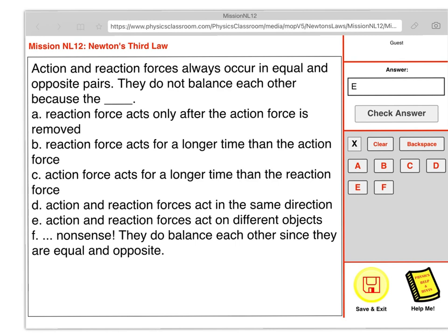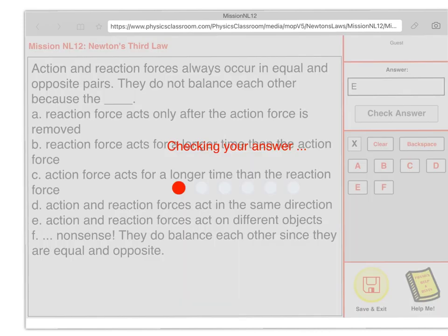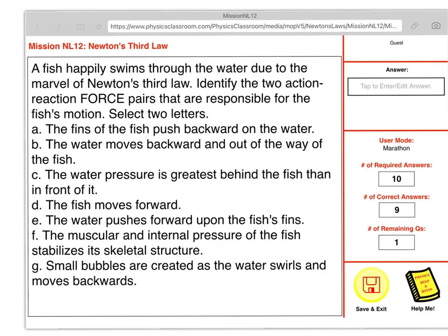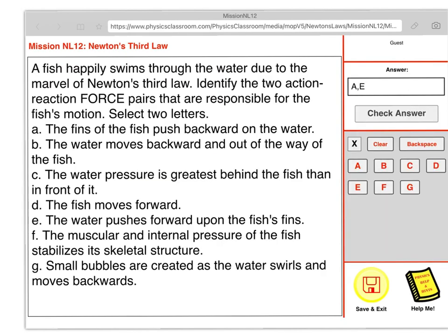They're two different objects. So although they're equal and opposite, they're acting on different objects. And so action and reaction forces are on different objects, letter E. Fish pushes on water, water pushes on fish. Once again, A and E.